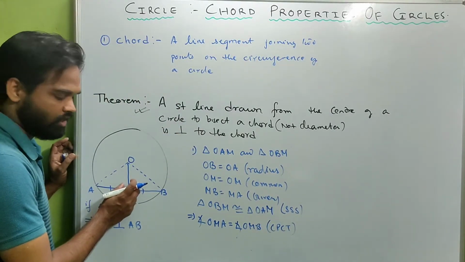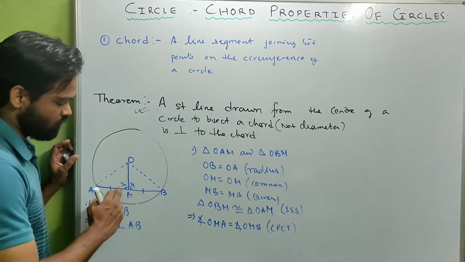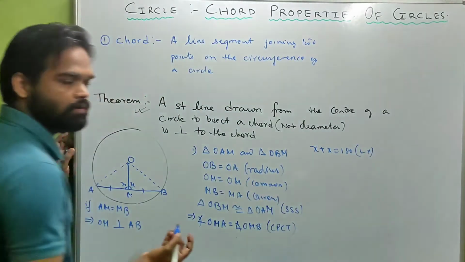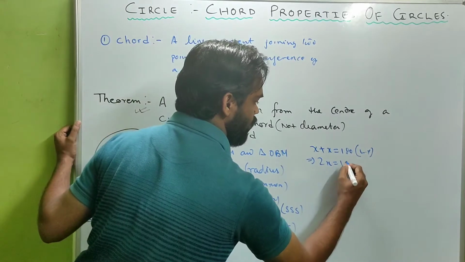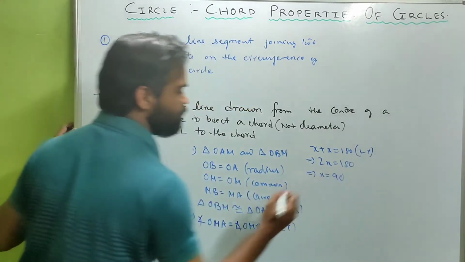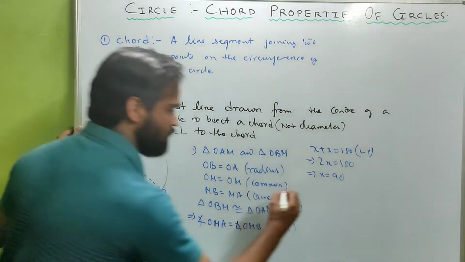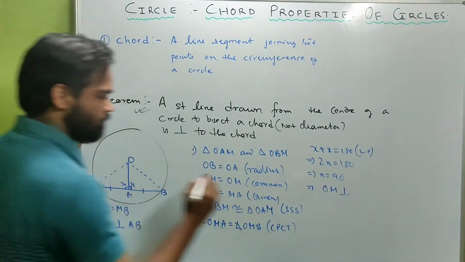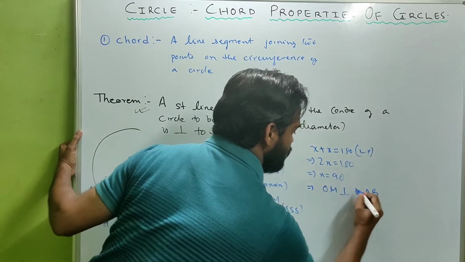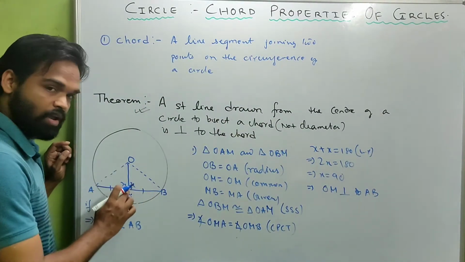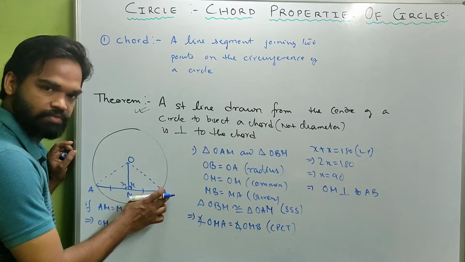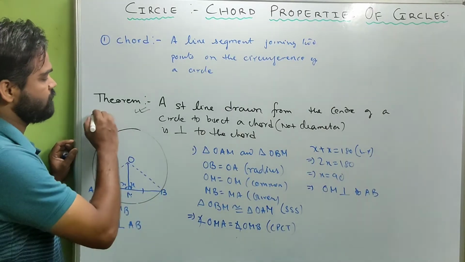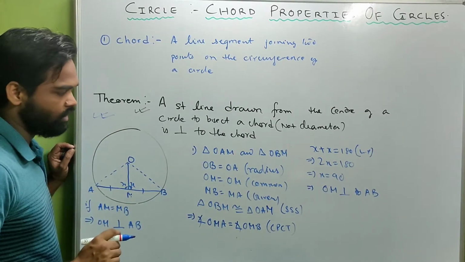Now if these two angles are equal, suppose this is X and this is X, so X plus X will be 180 because linear pair, which means twice of X is 180, which means X is 90 degree. If this angle is 90 degree, we can say that OM is perpendicular to AB, and that is the theorem only, that if OM divides AB into two equal halves, then OM will be perpendicular to AB. So that's the first theorem. I hope this is clear.